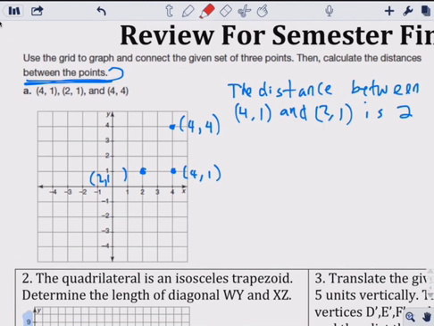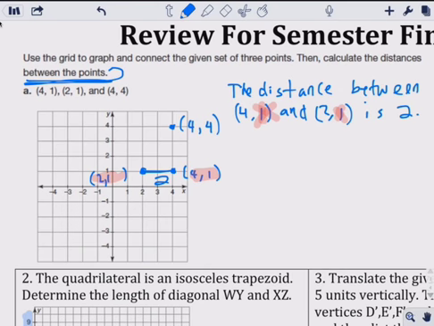Because if you notice, these 2 points are the same, we eliminate them. So we do 4 minus 2, which is 2. Okay, so this point here is 2.